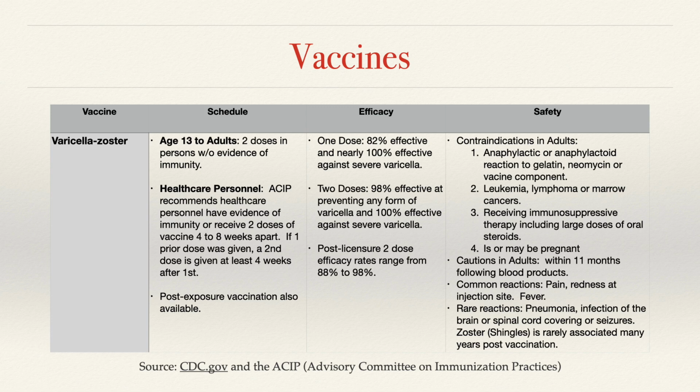Common reactions include pain, redness at the injection site, and fever. Rare reactions, the following: pneumonia, infection of the brain or spinal cord coverings, or seizures. Zoster, also referred to as shingles, is rarely associated many years post-vaccination.